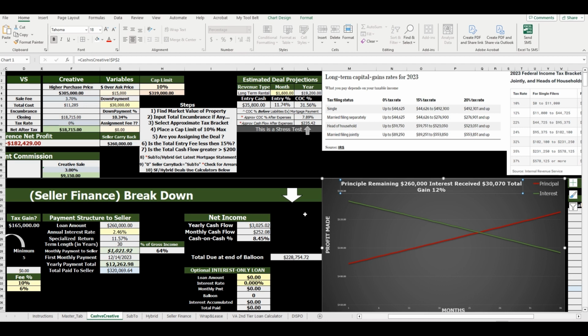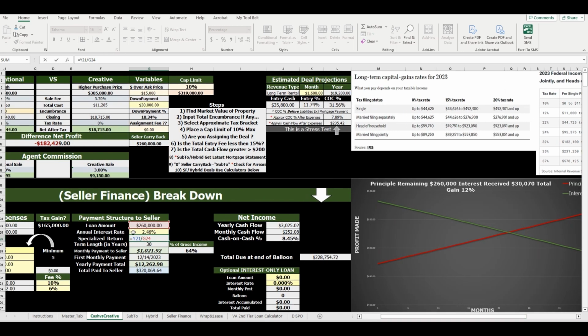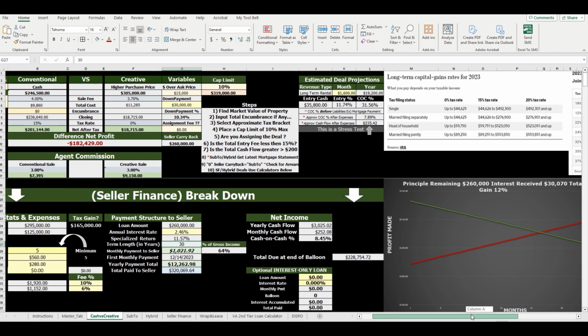Now, there's no manipulation of the math here where someone's trying to trick somebody. There's no trickery at play. This is real world math. We are saying that the total interest being received by the seller, divided by the loan origination amount, is going to be roughly a 12% return over the course of 5 years.